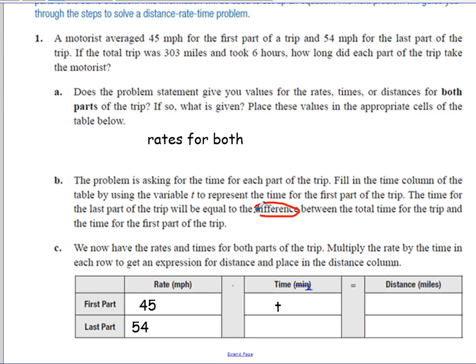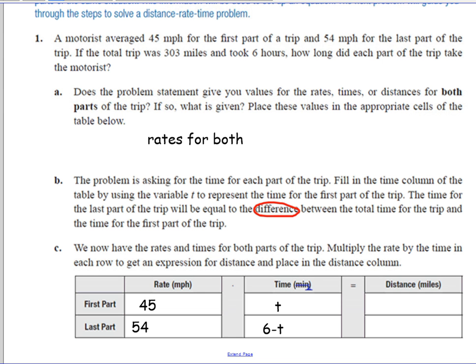So if we assigned the first one with t, we know the total was 6 hours, and so the time that it's going to take for the second part of the trip is whatever's left over when we take our total of 6 minus that first part of the trip, which again, we represented with a t.